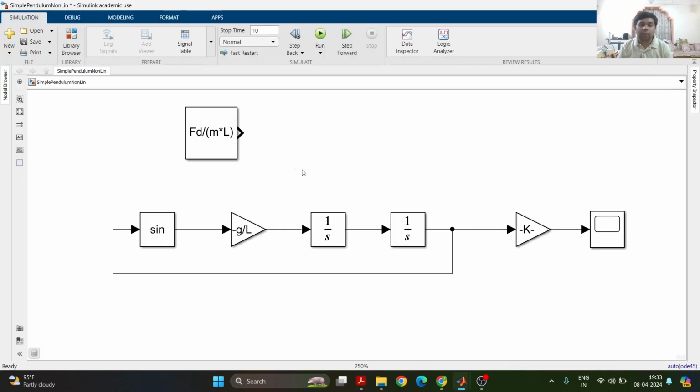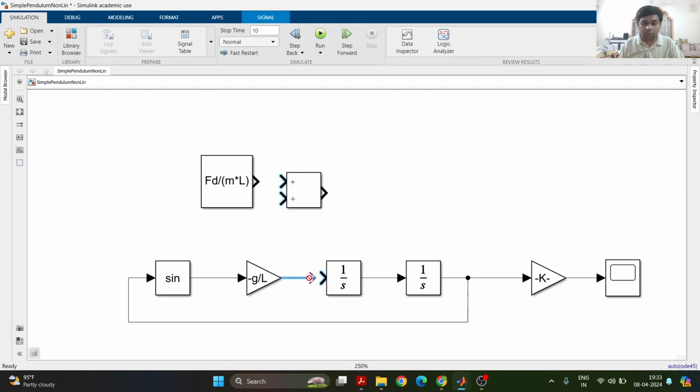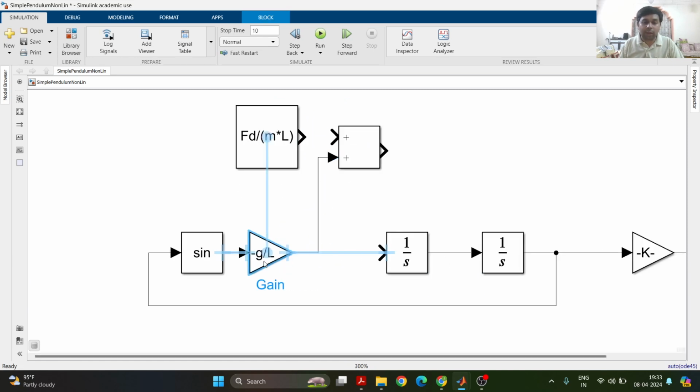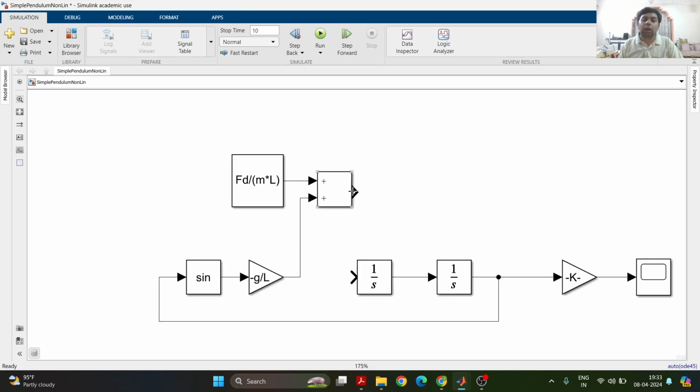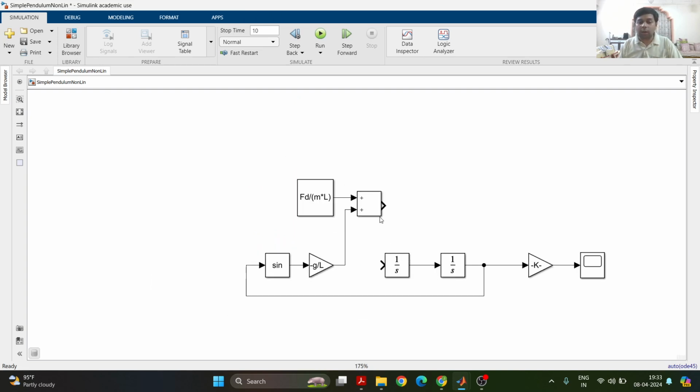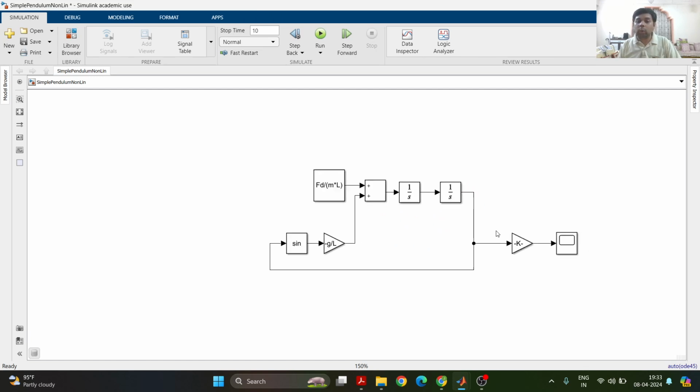And so we can now add these two together. We will add minus g by L sine theta and this Fd by mL, and then follow the same approach of integrating it twice.